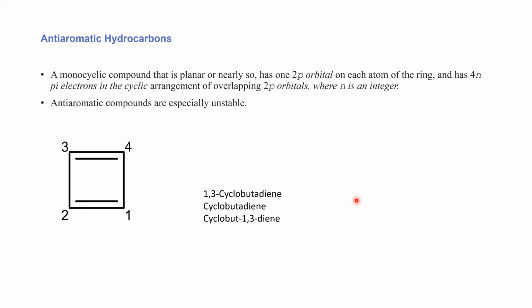Now, the next thing is, as I have mentioned, there is a term anti-aromatic hydrocarbons. A monocyclic compound that is planar or nearly so, has one 2p orbital on each atom of the ring and has 4n pi electrons in the cyclic arrangement of overlapping 2p orbitals, where n is an integer.